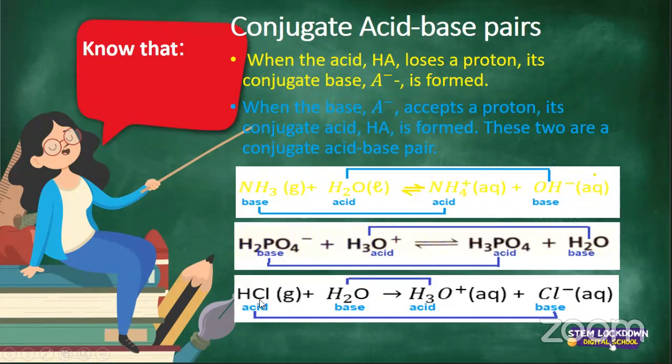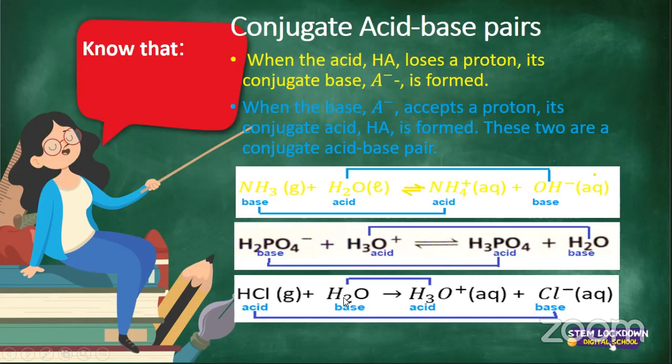Right, let's look at hydrochloric acid and water. We are saying water here is acting as a base. So water is acting as a base because it is accepting a proton to form the acid on the right-hand side, which is the hydronium or oxonium ion.